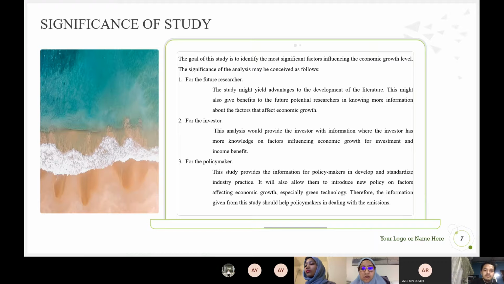It also allows them to introduce new policy on factors affecting economic growth, especially green technology. Therefore, the information given from this study should help a policymaker in dealing with the emission. Next.